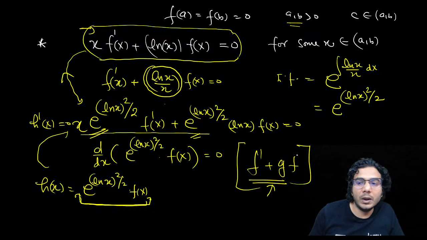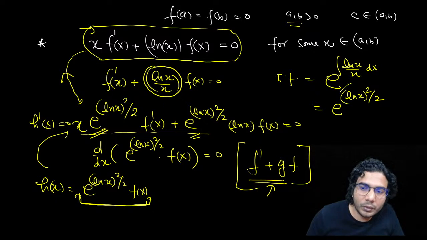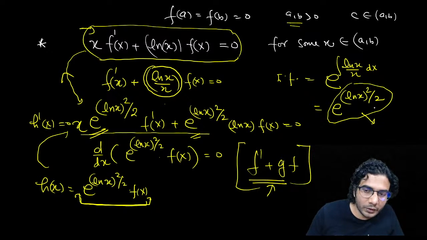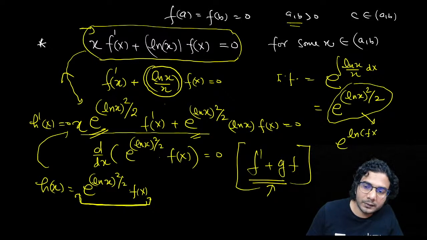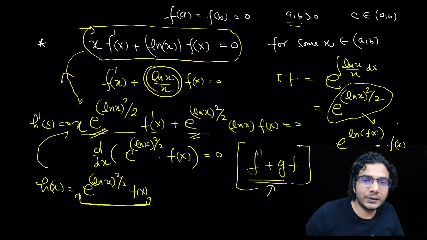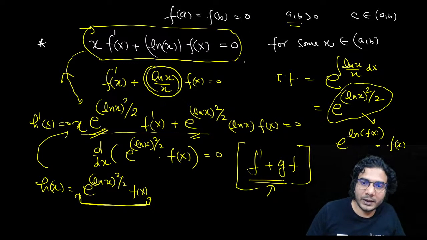Oh no, this can't be. Okay, now I got it. You are saying that you want to simplify it. No, you can't simplify it. If you have e raised to ln of something, then that is the property of log and exponent, so using that property you write it as f x. In that case you could simplify it. But if it is e raised to x square, then you can't simplify it.